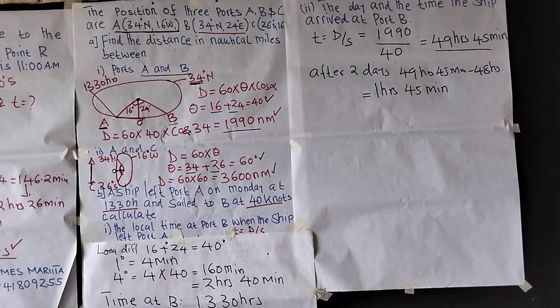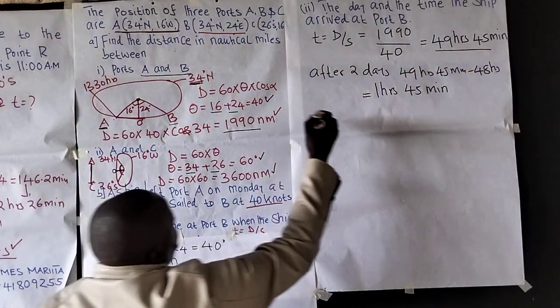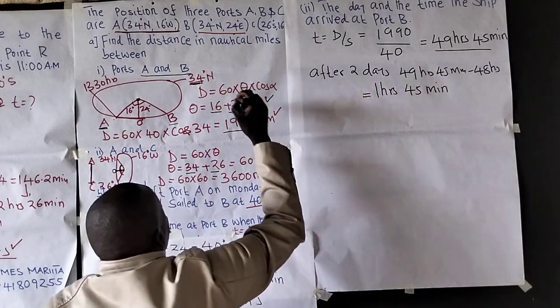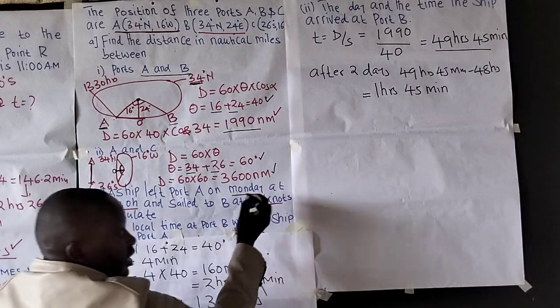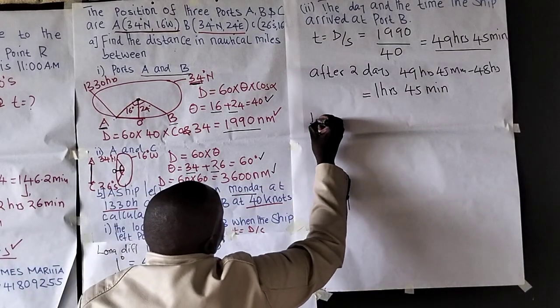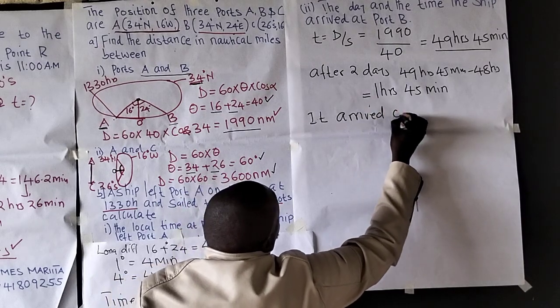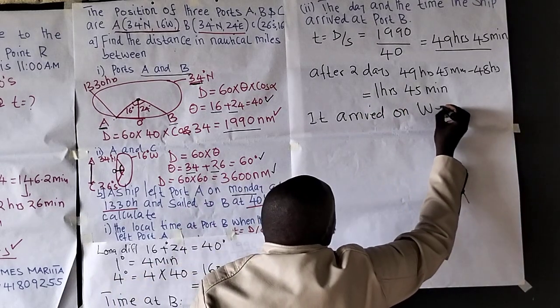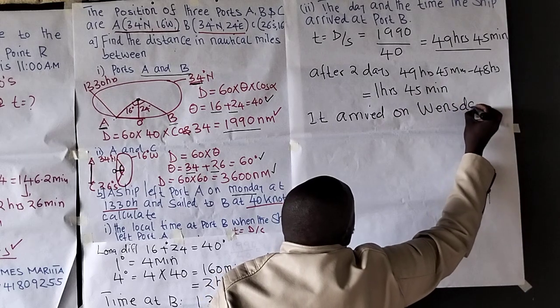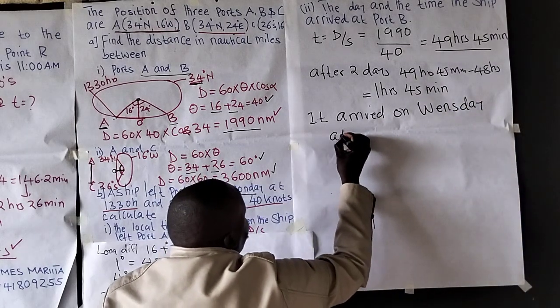The day the ship arrived at P is Wednesday, because it left on Monday, then Tuesday, then Wednesday.